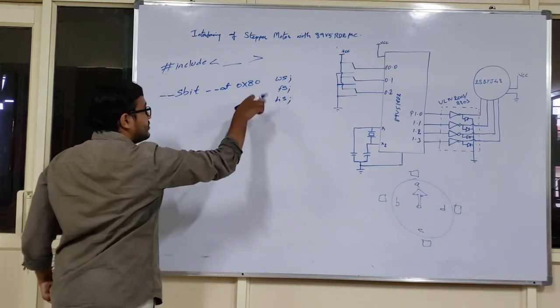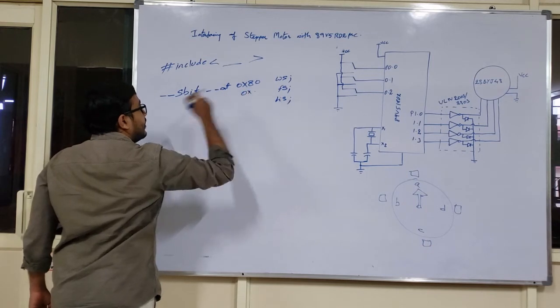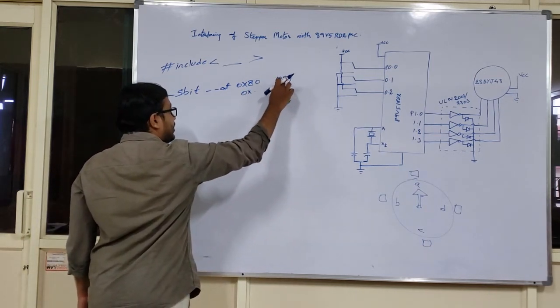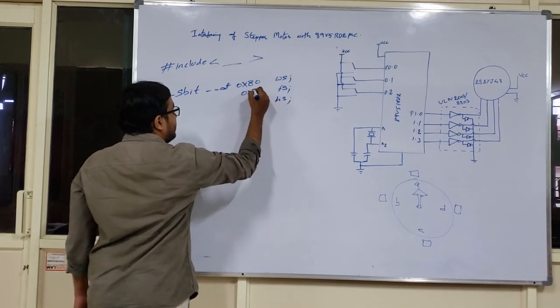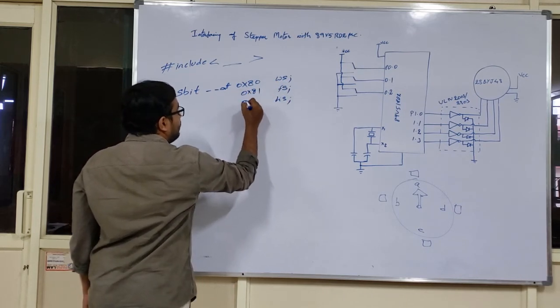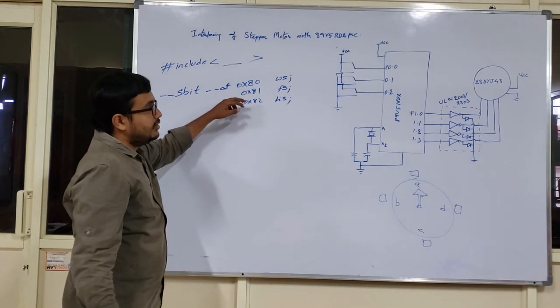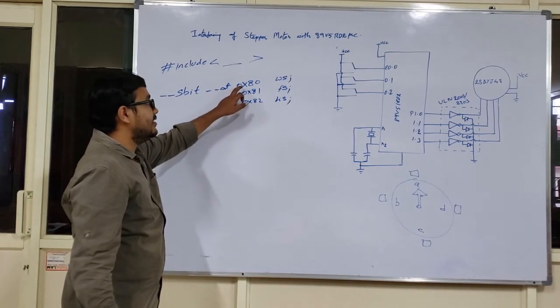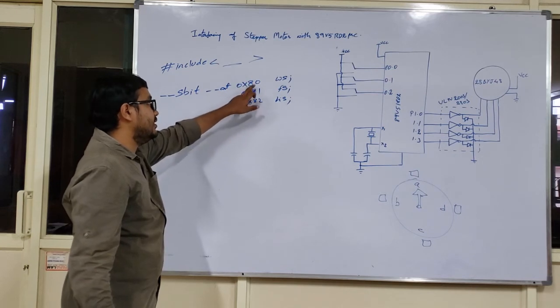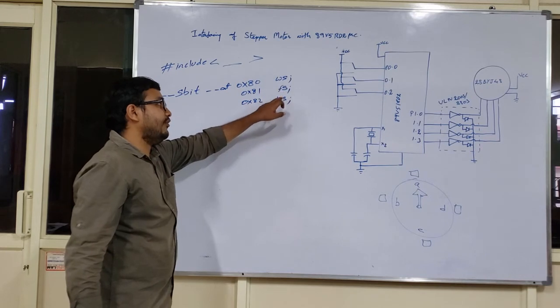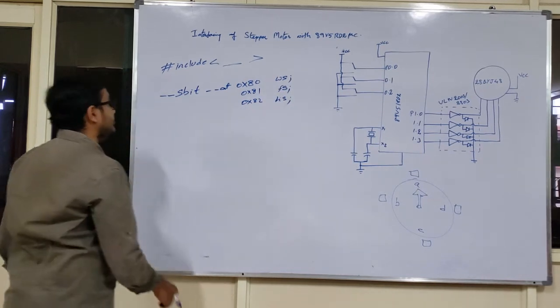The names of the 3 sub switches are WS, FS and HS. This is direct side 1, this is direct side 2. So I am using port 0.0, 0.1, 0.2, which means the physical address locations of those 3 pins will be at 80, 81, 82, and these physical address locations are given the names WS, FS and HS.